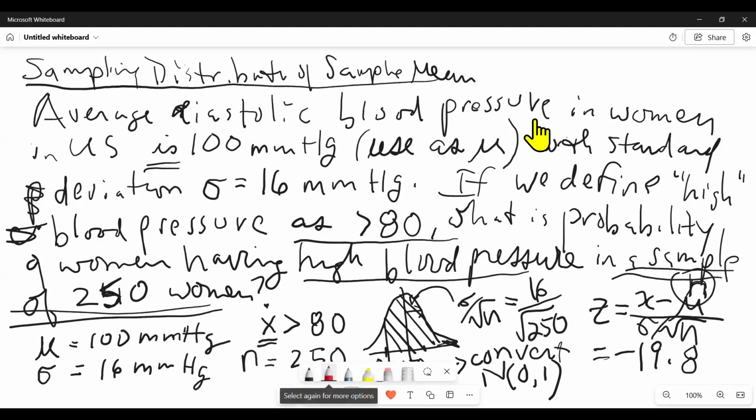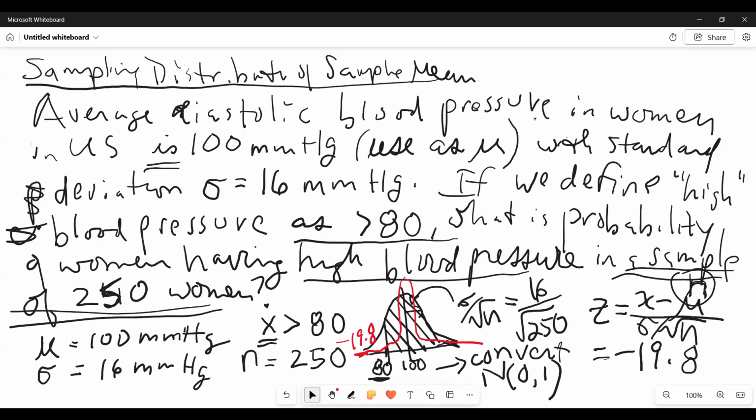Okay, minus 19.8. All right, so this drawing turns out not super great. It should be much peakier than that. And it actually is way, way out here. Way, way out there. Okay.